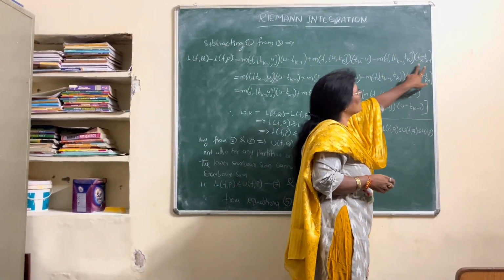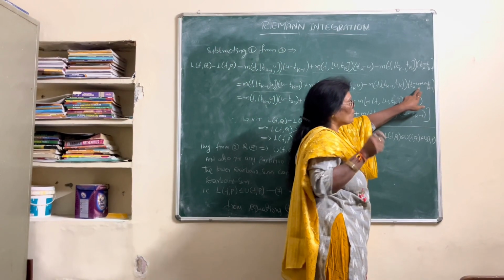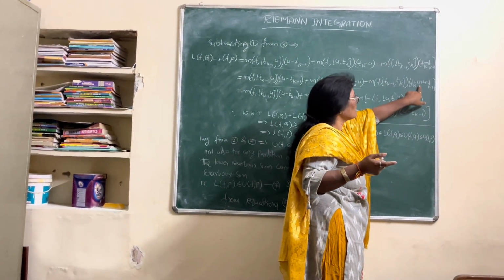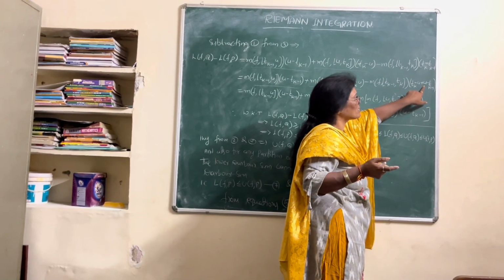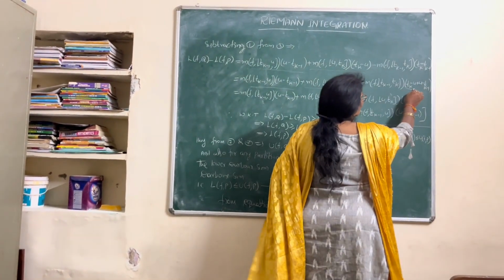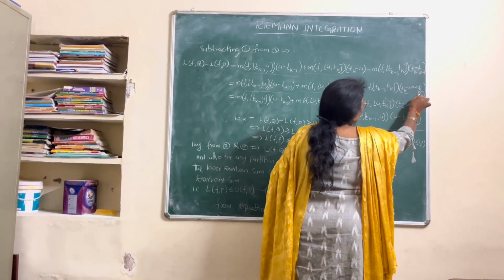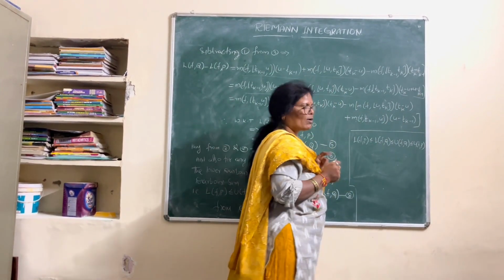In between Tk and Tk minus 1, for our convenience I am adding and subtracting one more extra element, that is I am taking minus u plus u. So the length of the interval till here, Tk minus 1 comma u, one of the interval lengths, and u minus Tk minus 1, one of the lengths.